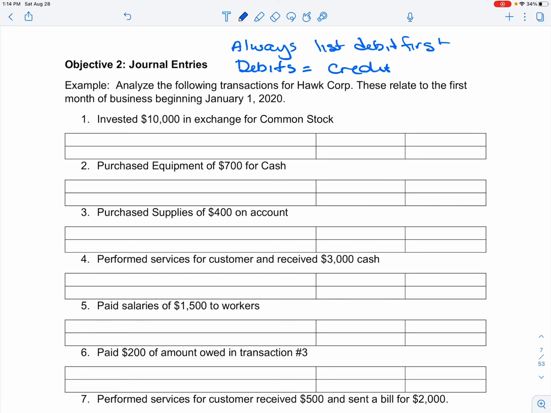For number one, we invested $10,000 in exchange for common stock. We have to read through this and pull out the two accounts. I see cash and I see common stock. So I'm increasing the cash I pay for my business, and I'm increasing that common stock. Common stock increases with a credit.